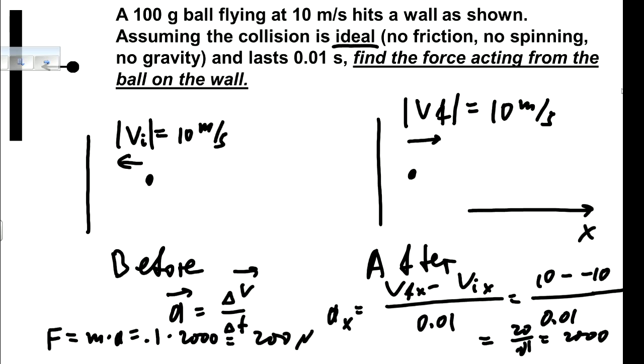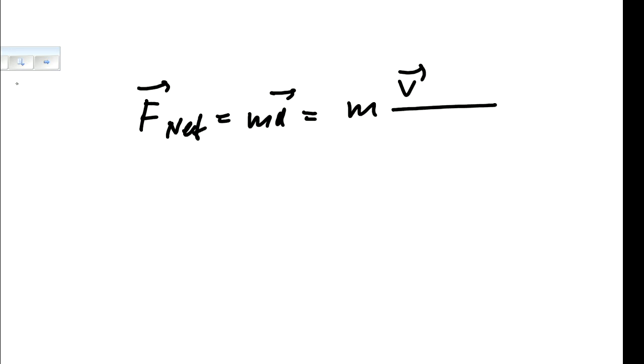Well, basically what we did is we used Newton's law, F equals m times (v final minus v initial) over time. But because this phenomenon, a collision, happens very often, there is a simpler way to analyze that phenomenon.